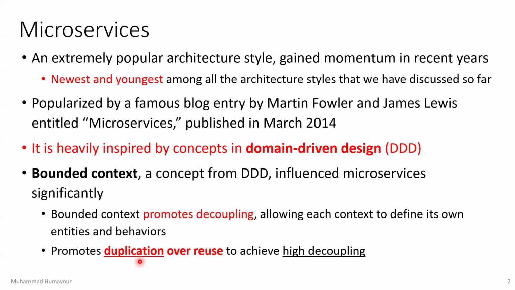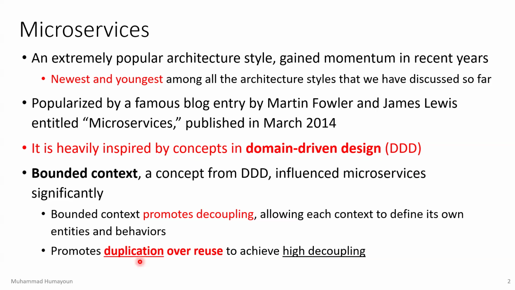It says that whatever needs to be designed or needed for one bounded context should be implemented within one microservice. It does not matter how much we need to duplicate components or things. So that is not an issue for us.